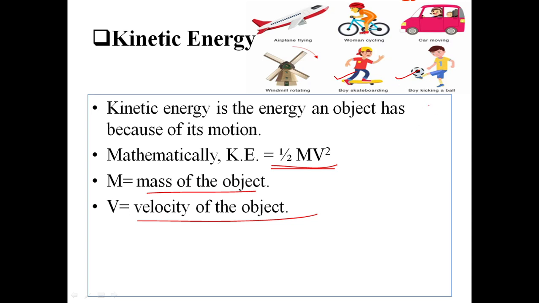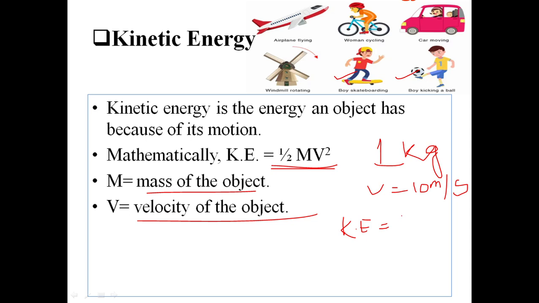Let us take an example. Mass of this ball is 1 kg and velocity is 10 meter per second. So what is the kinetic energy?